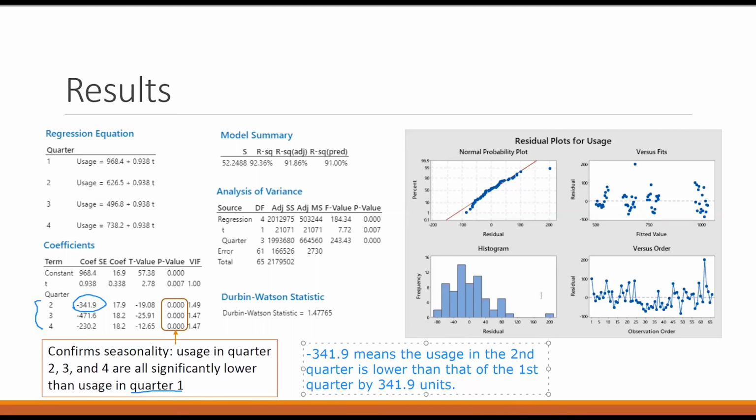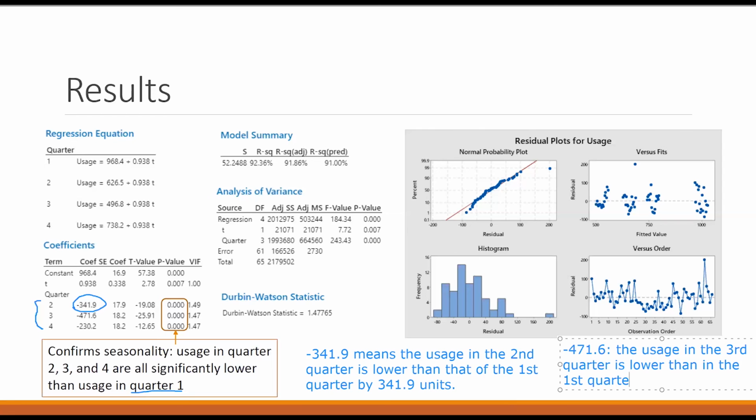And that means the usage in the third quarter is lower than the usage in the first quarter by 471.6. And same for the last quarter, it is still negative. So overall, what we can see is that the first quarter usage is always the highest in the year, which makes sense because it's the winter season, so we run our heat all the time, right?